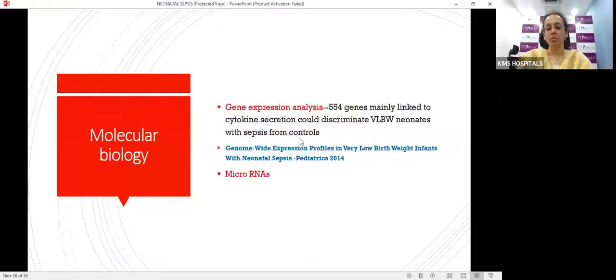So there are some studies like this one in Pediatrics, published in 2014, where the genome-wide expression profiles in very low birth weight infants with neonatal sepsis were studied, and microRNAs are also being studied for the earlier diagnosis of neonatal sepsis.